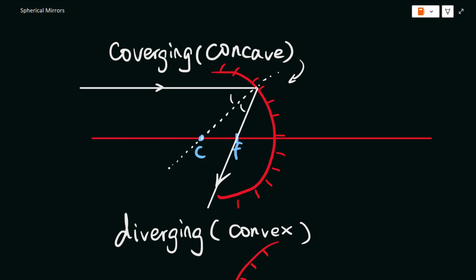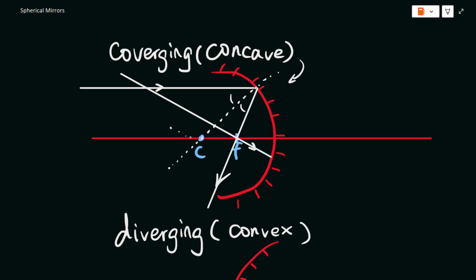The second line we will draw is the one that goes through the focal point. So let's say we have a line that looks like this, or let's actually draw it from here. We have a line that comes through the focal point.